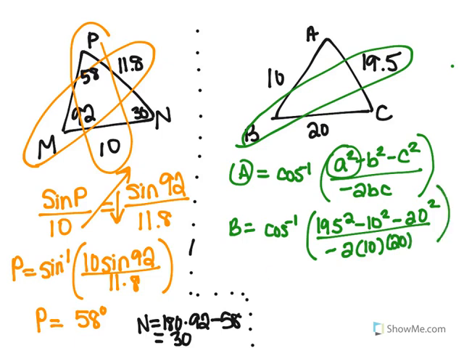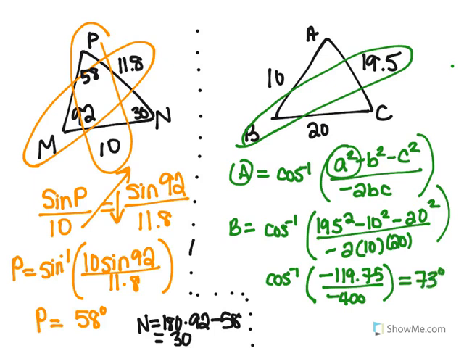And to make this a little bit easier on yourself, try typing the top number in first into your calculator and the bottom number in second. So pause the video and try typing those in. So you should have got negative 119.75 and negative 400. When we type all this into our calculator, we would get 73 degrees.